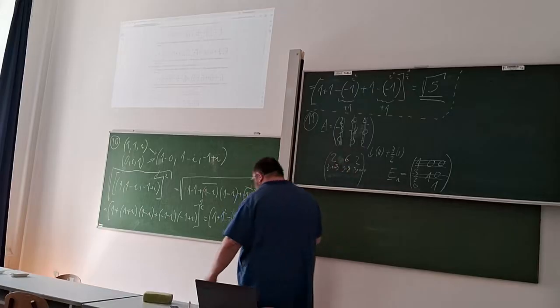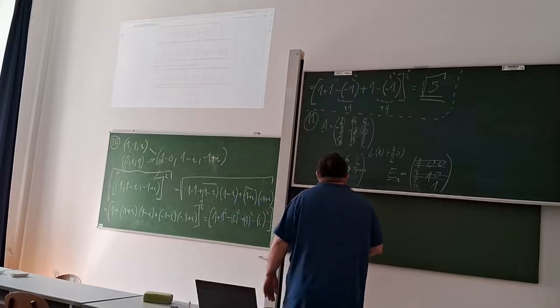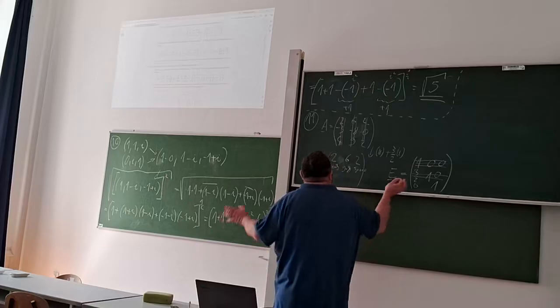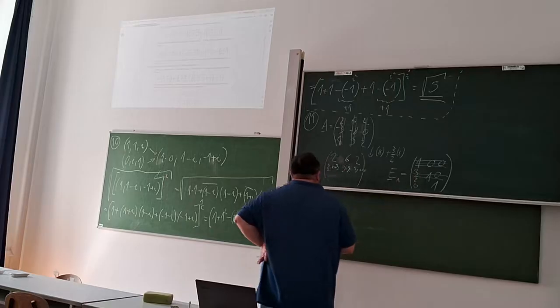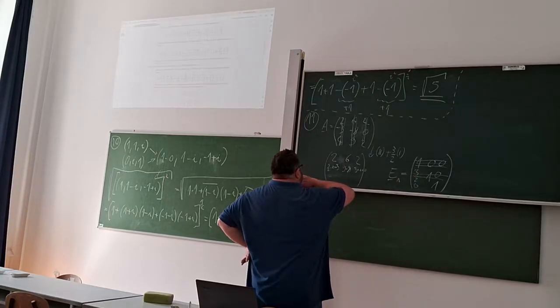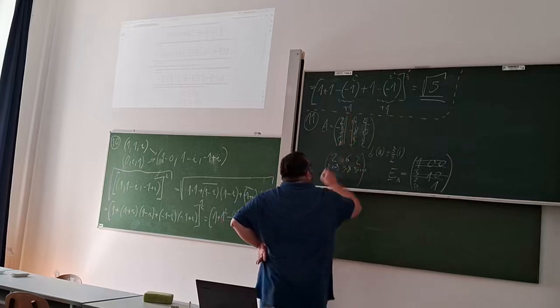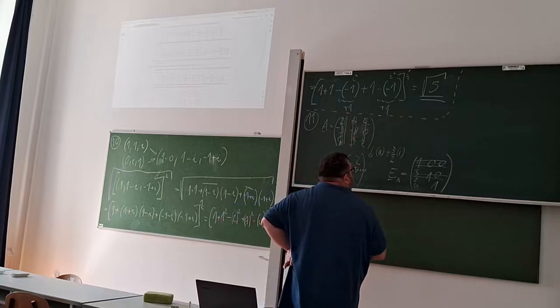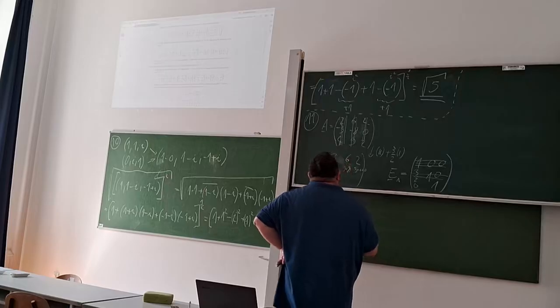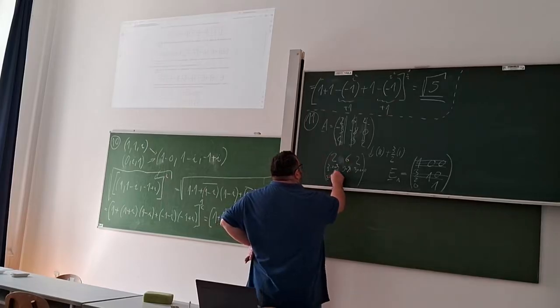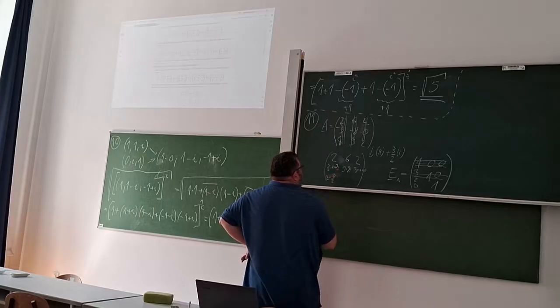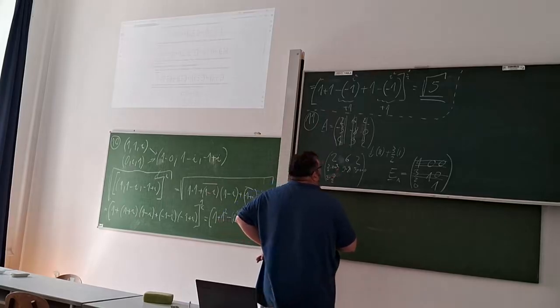I'm quite disturbed because usually I don't do this matrix product. Just put the numbers there, and perhaps that's the right way to do it. Okay, but doesn't matter. 2 and 0.